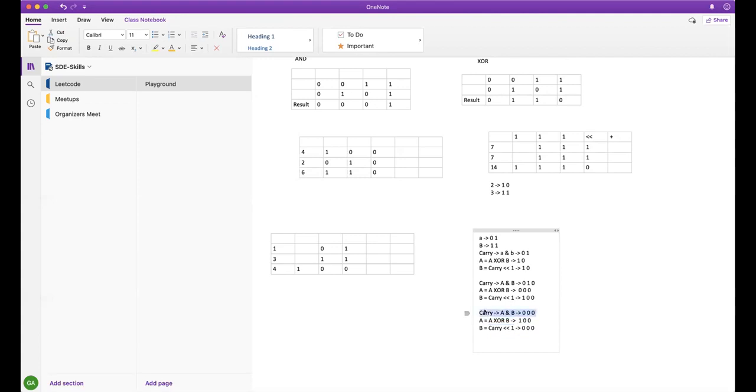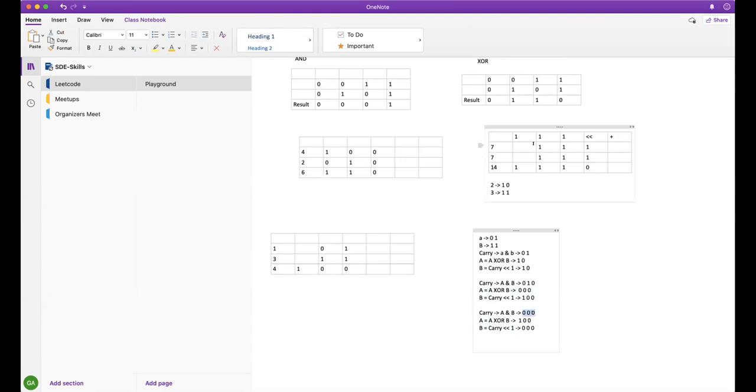When we calculated the carry, it's A and B. Take a look at the previous one. What are the A and B values? A is 0, B is 4, the representation is 0 0 0 1 0 0. So whatever carry we are going to get for the next operation is going to be 0.